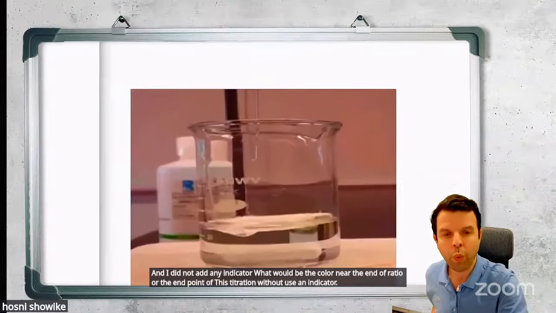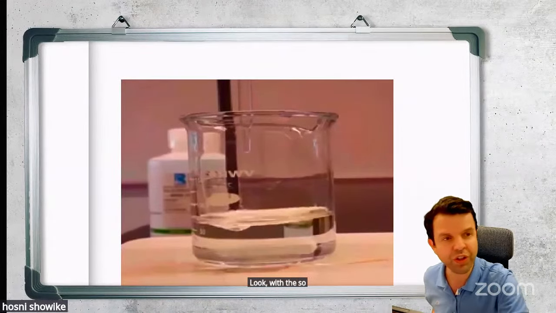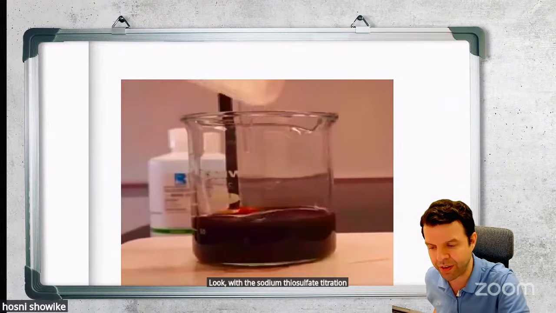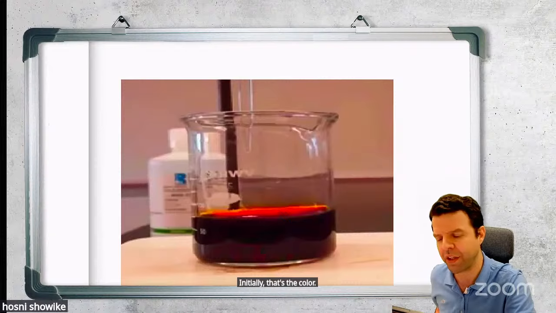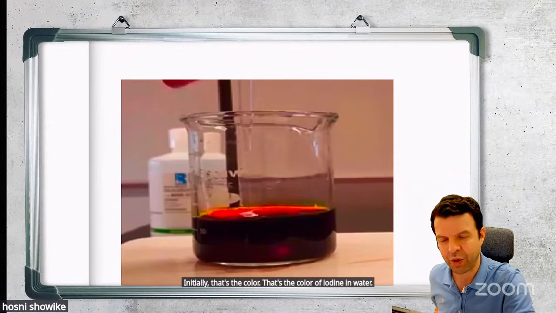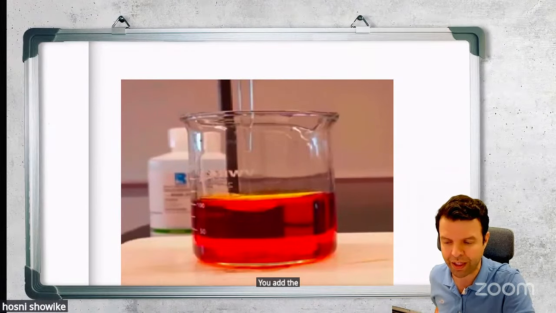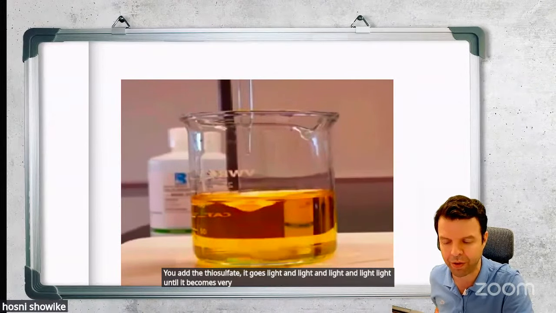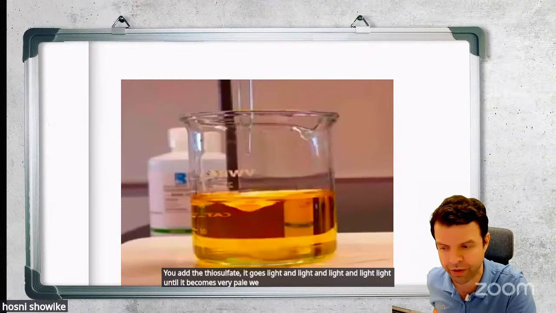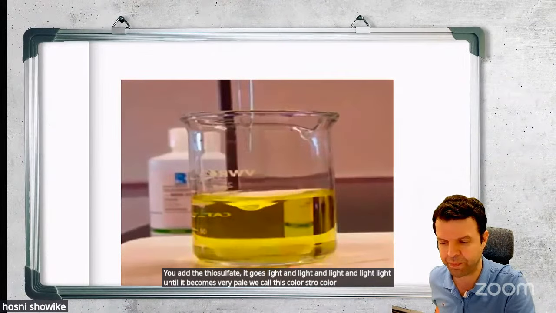Look, with the sodium thiosulfate titration, when I'm titrating iodine, initially that's the color. That's the color of iodine in water. You add the thiosulfate, it goes lighter and lighter and lighter, until it becomes very pale. We call this color straw color.